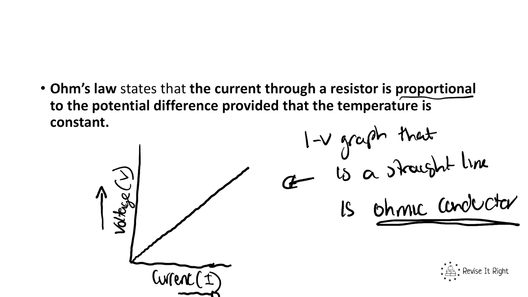So if a component has an IV graph that is a straight line, showing that current is proportional to potential difference, then the component is an ohmic conductor. So any component that has an IV graph that is a straight line is an ohmic conductor.